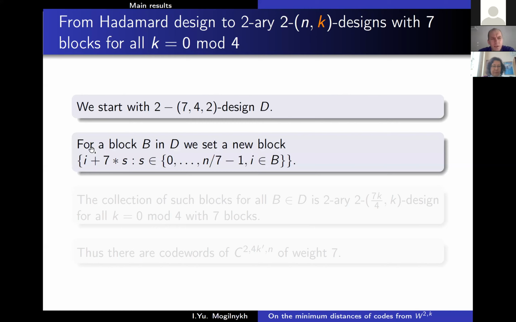For any block B in the Hadamard design D, we set a new block, which is i plus 7 multiplied by s, where s runs through values from 0 to n divided by 7 minus 1. So i here should be there. Sorry.